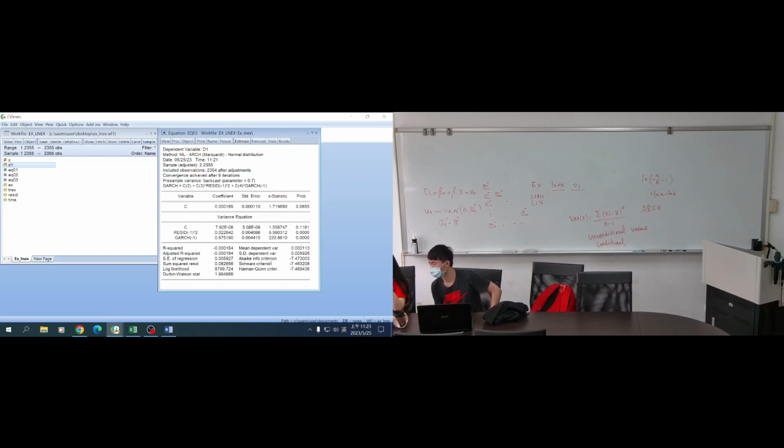Change that and see what happens. Although Z and T is not a big difference, the OLS estimation and maximum likelihood estimation are quite different.